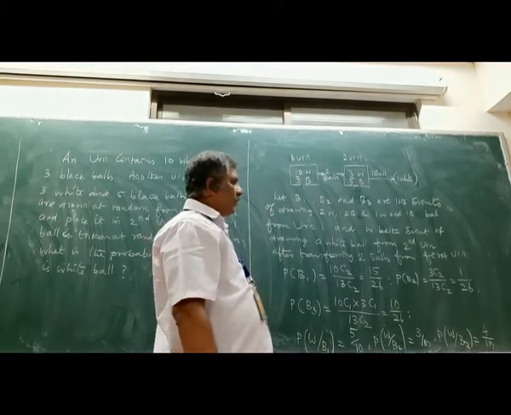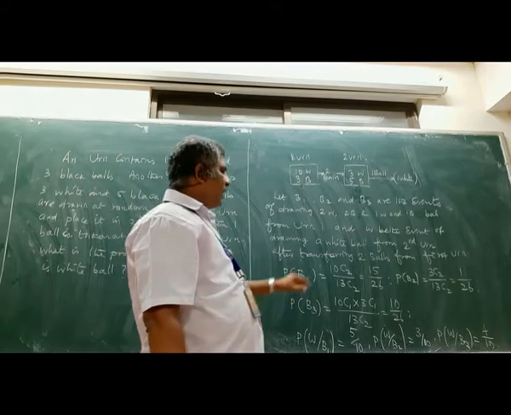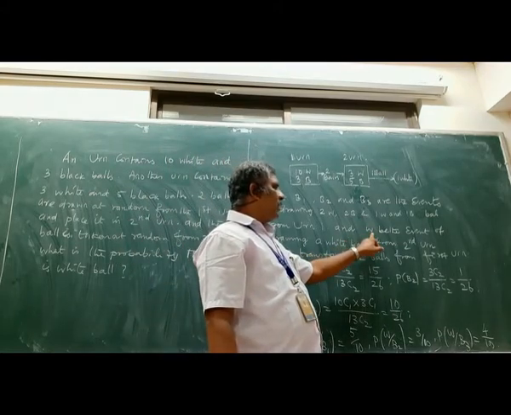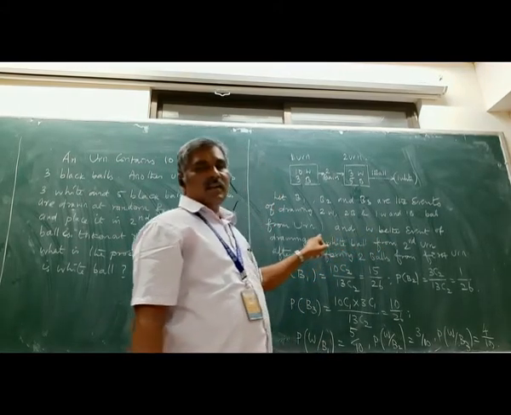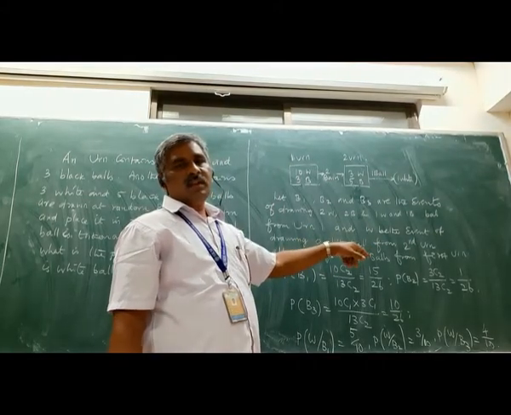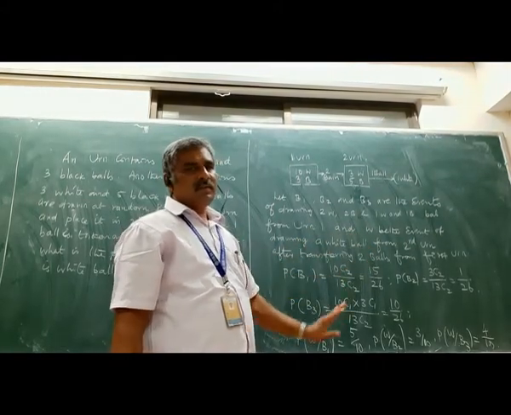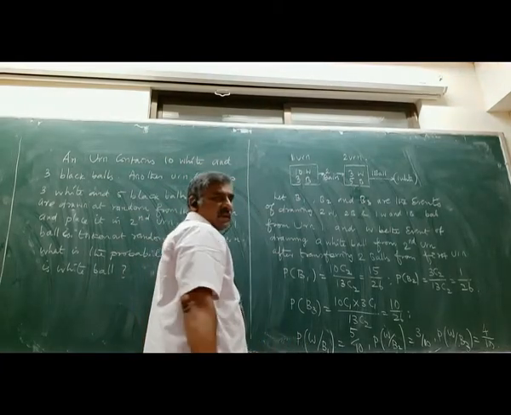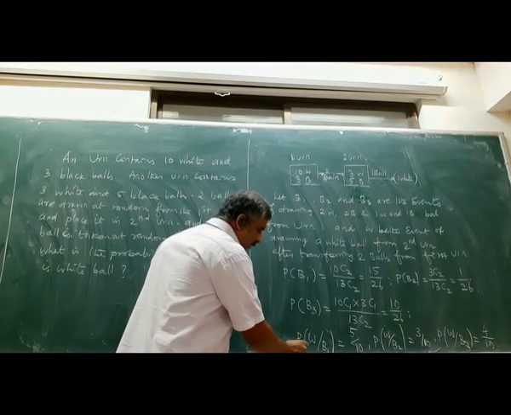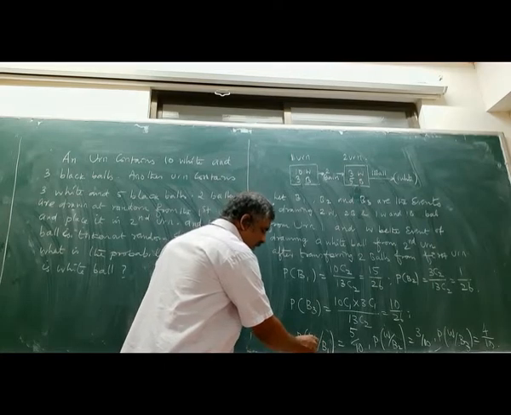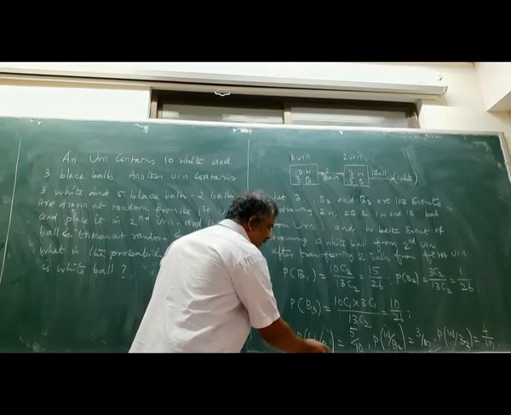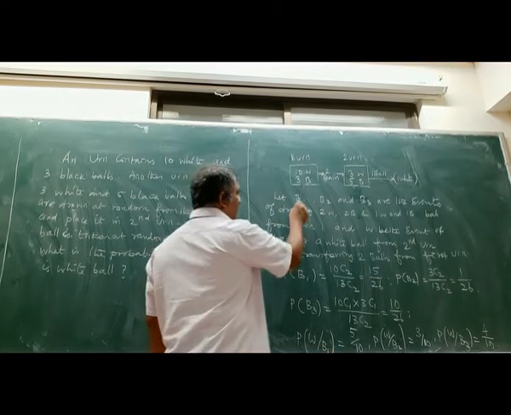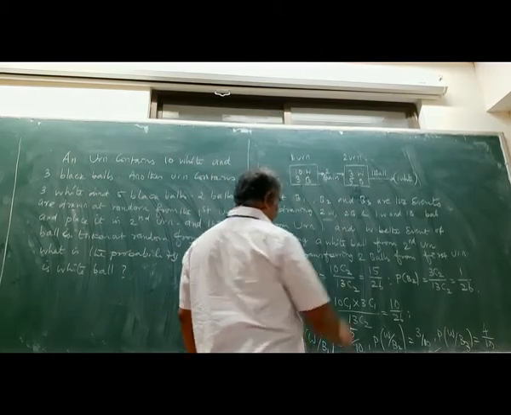Now, one more is there. We have to find the drawing of 1 white ball from the second urn after transferring 2 balls from the first urn. Okay. Now, what is the probability of this? This is a conditional probability. What is the meaning of this? Probability of drawing 1 white ball when already B1 has happened. What is B1 here? B1 is drawing 2 white balls.